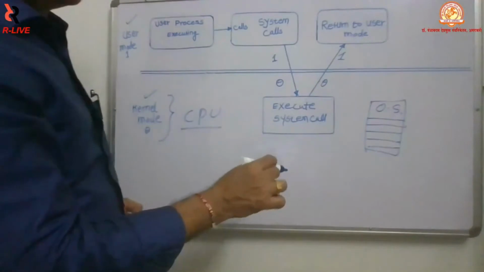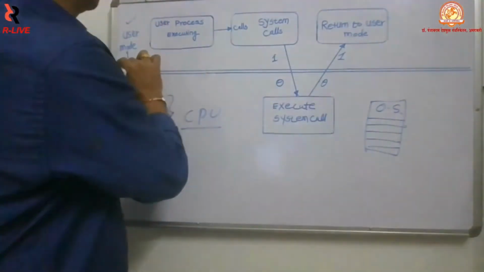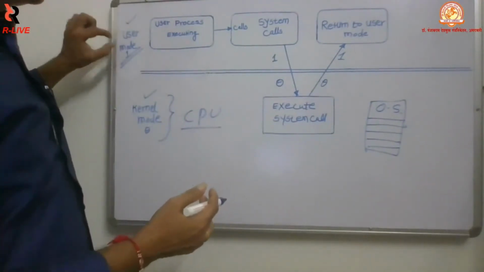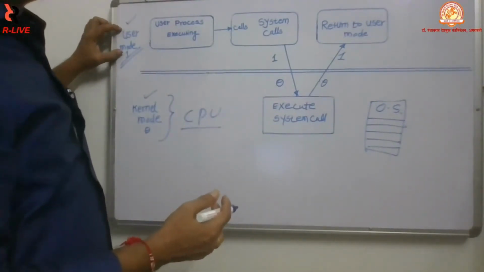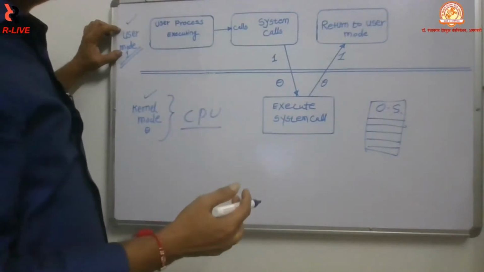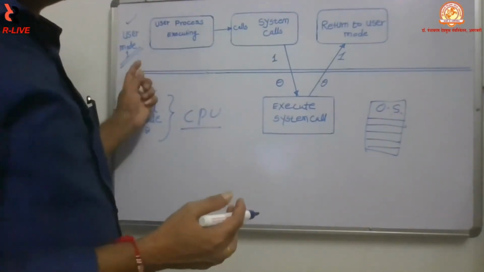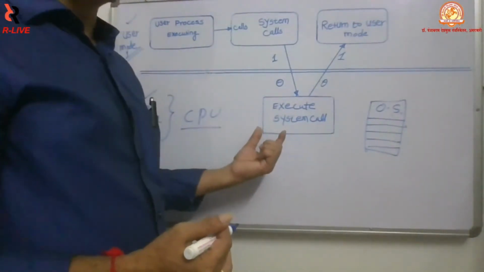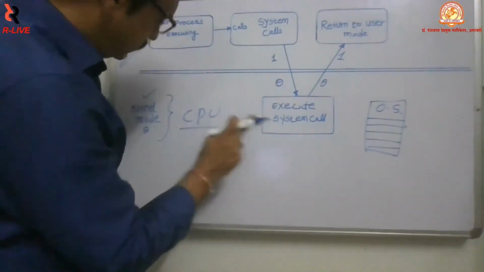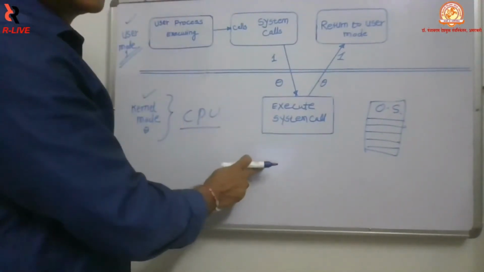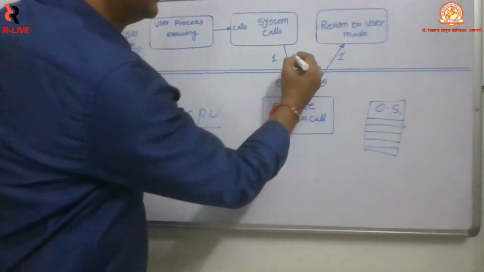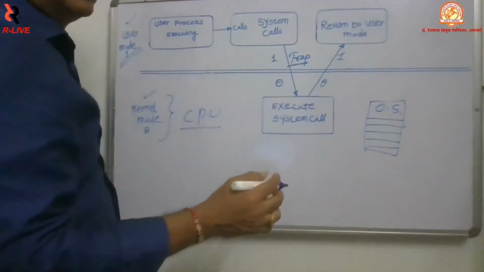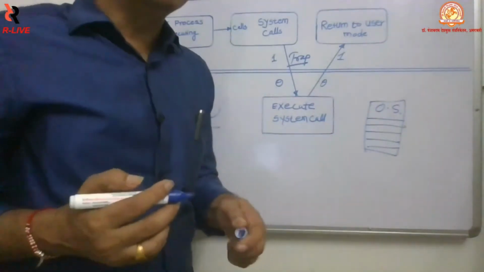It executes applications in user mode. The operating system always executes all the applications in user mode. There are some privileged instructions that can only be executed in kernel mode. These may be interrupts, traps, and input output management.